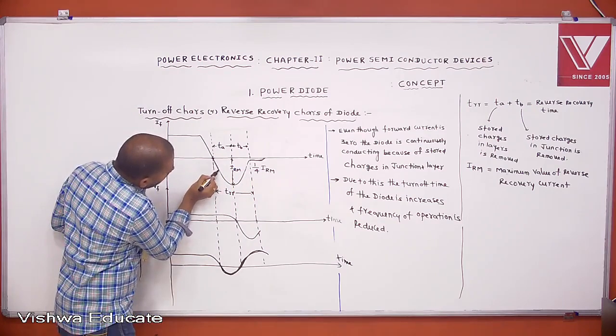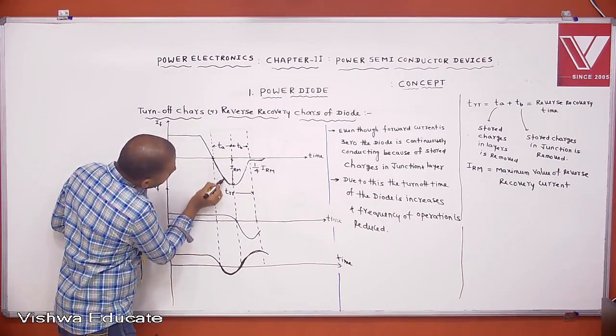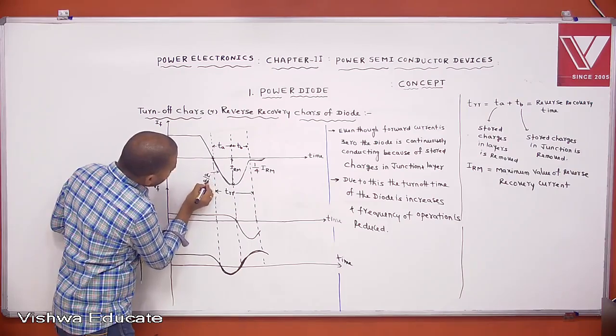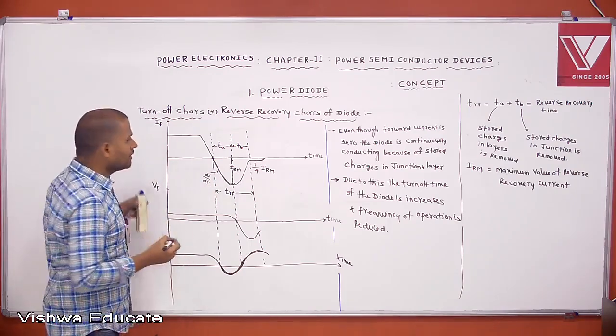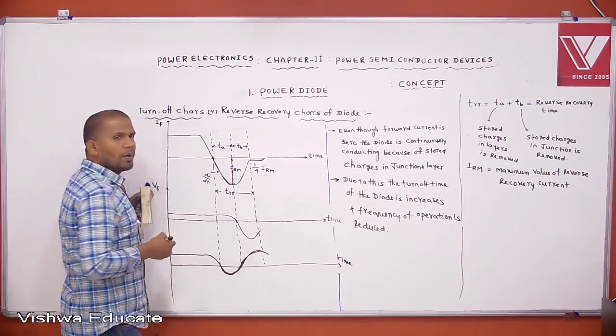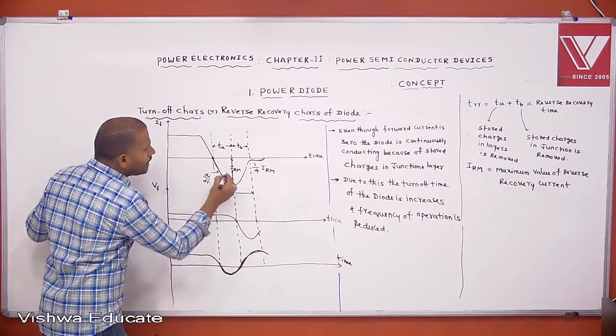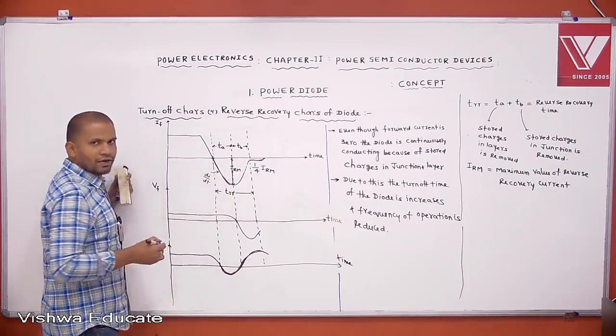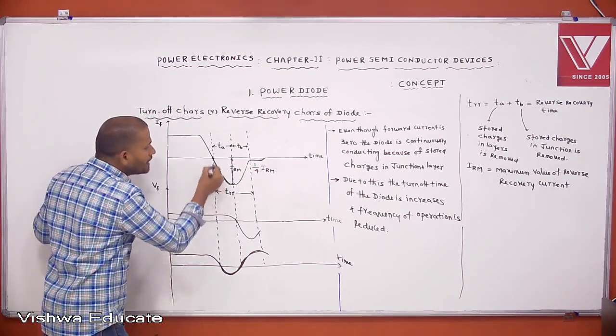This is the rate of change of current, let it be di by dt. Can you define the slope of this curve? The slope of this curve is defined as the rate of change of current.